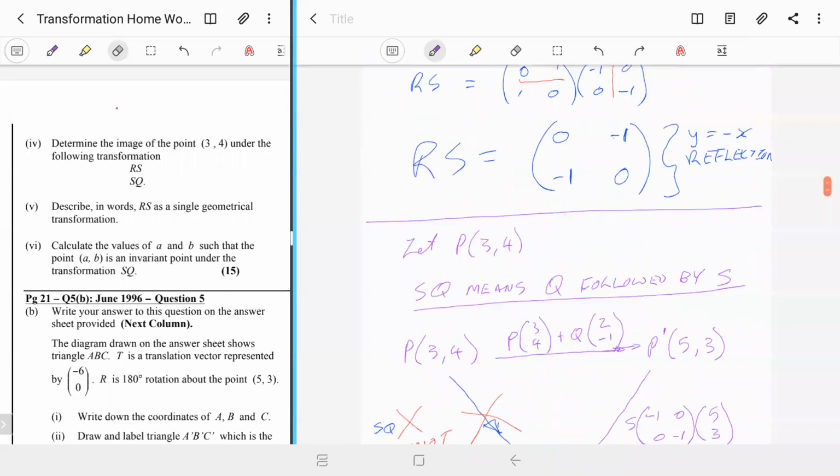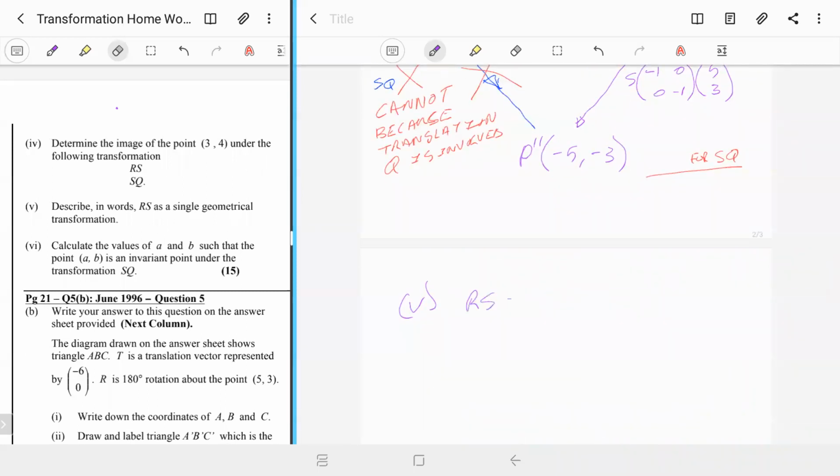And RS, which is equal to minus 1, 0, 0, minus 1, minus 1, 0, represents a reflection in the line y equals minus x.